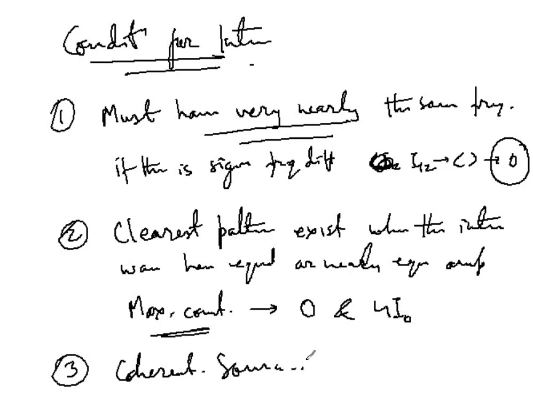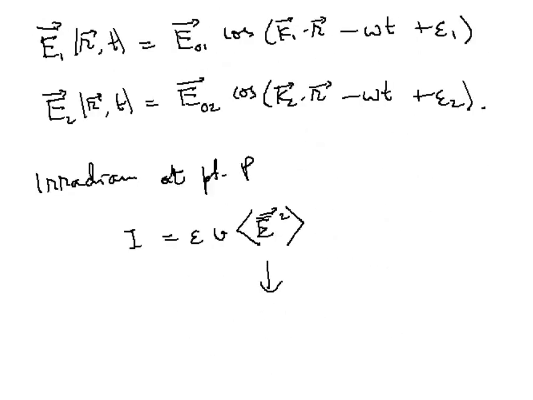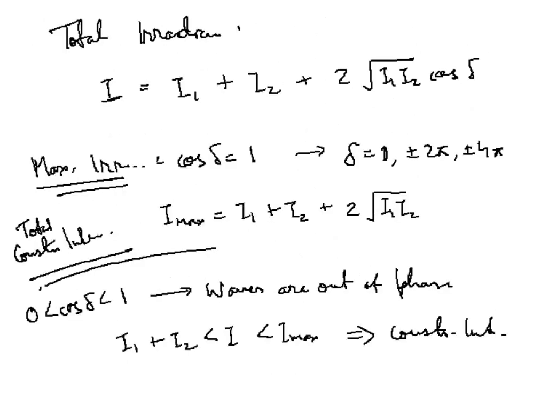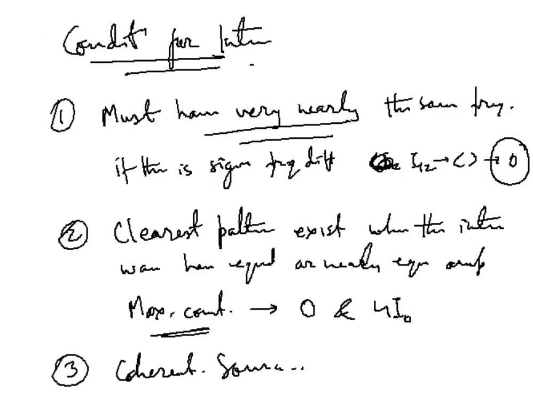Coherent sources. So fine, till now I have talked about the very basic ideas regarding interference, this I12 term, basic mathematics regarding that. Then I have talked about the condition for interference. Now, let me spend some more time on the interference fringes.